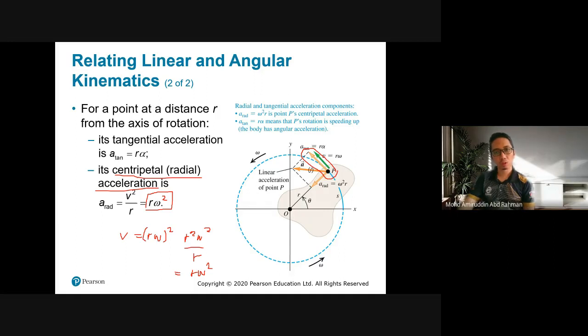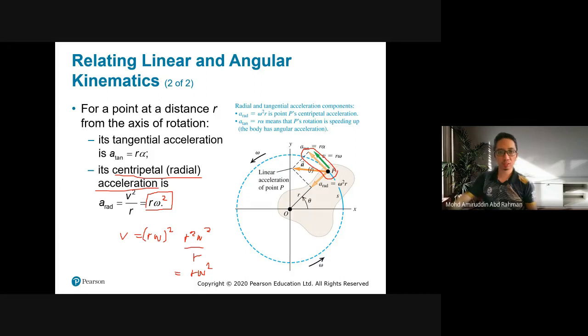Once you obtain that, you can obtain your linear acceleration at a point P, because you have that component a tangential and a radial. So what is the linear acceleration at that point P?